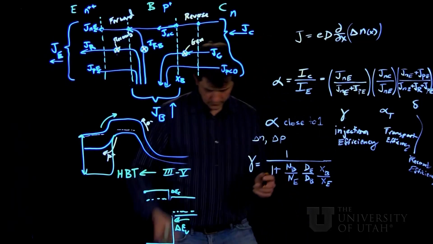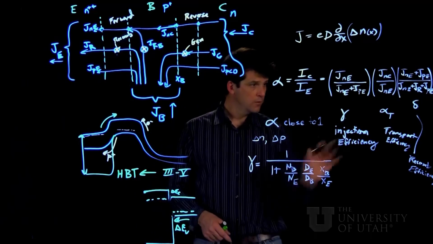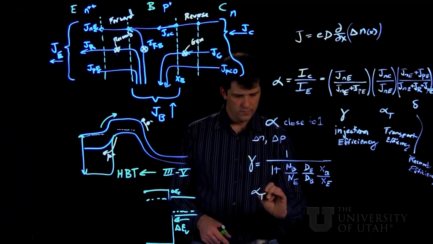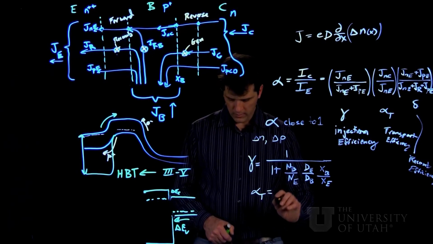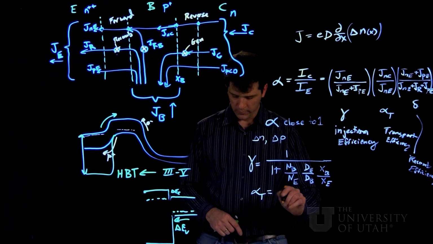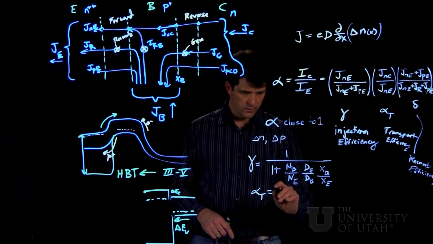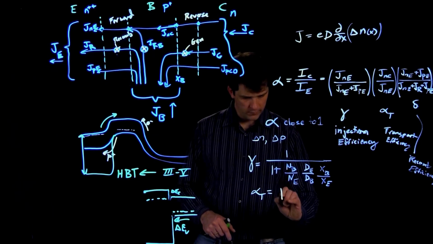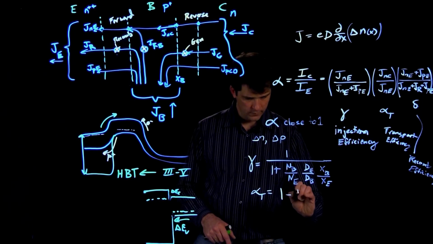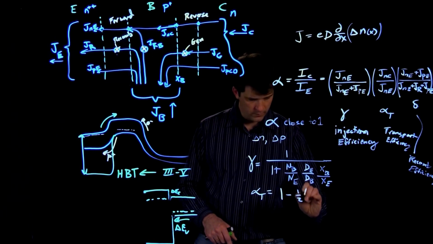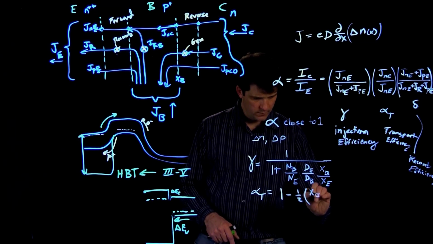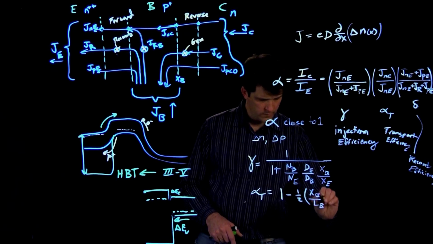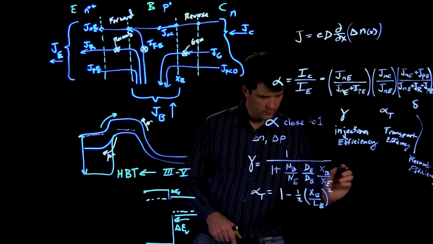So back to the last expressions here, we can get the transport factor. It ends up being a hyperbolic cosine expression, which we can approximate, again in the small argument approximation, to be 1 minus 1/2 of the base width over the diffusion length in the base, quantity squared.